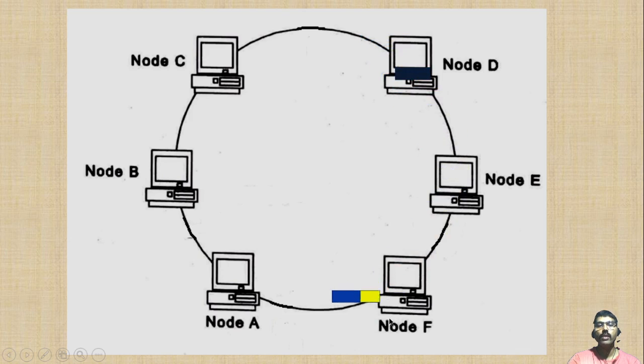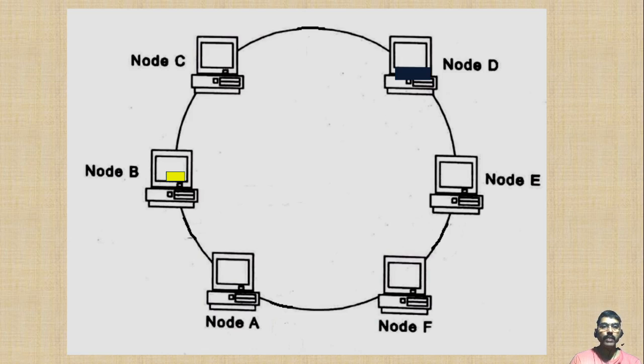Node F just rejects it and sends it to node A. Once node A receives it, it creates one token. It removes the data frame, creates a token, and sends it to the next computer. Now node B can transmit data if it has some data to send. Like that it works in the token ring.